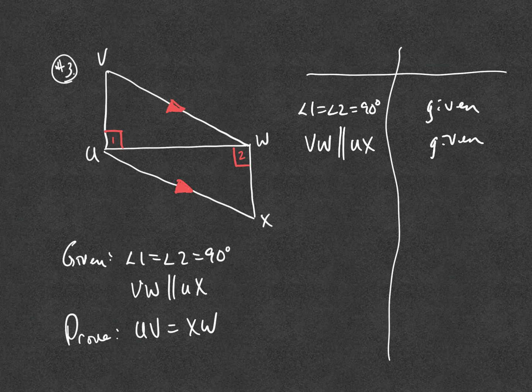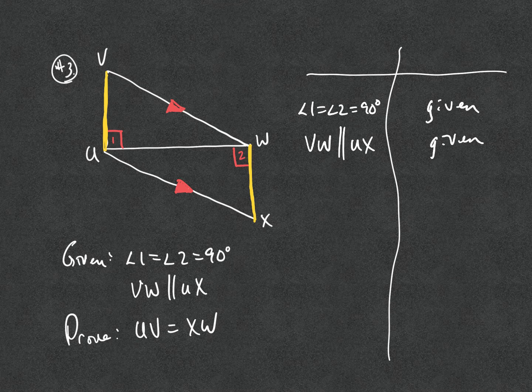So those two lines are parallel to each other. Okay? Alrighty. So what we're trying to prove on this one is that UV and XW are the same length. So I'll put those in a color just so you can see them. They stand out a little bit. UV, this vertical side over here, and XW, this vertical side over here.